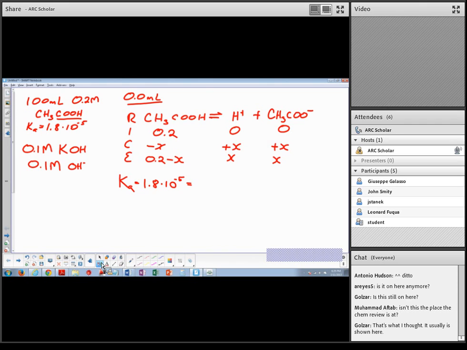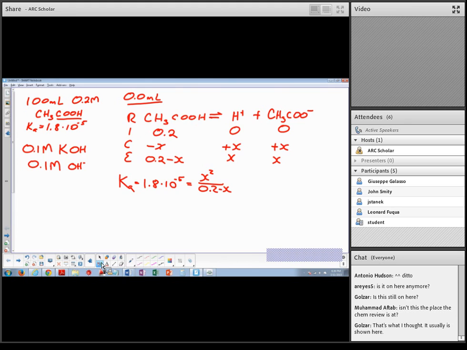How does it plug in? Wouldn't it be x squared over 0.2 minus x? Remember, products over reactants. So x times x, or x squared, over our reactant concentration, 0.2 minus x.